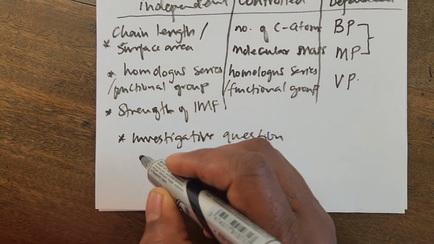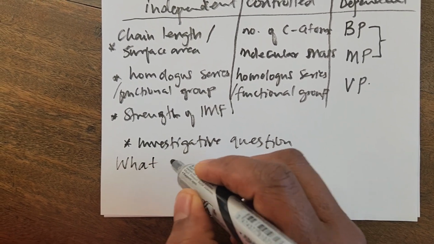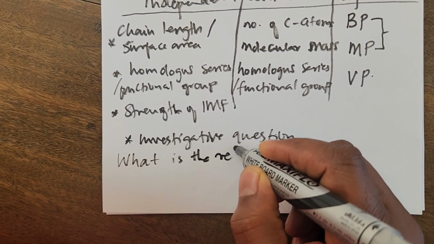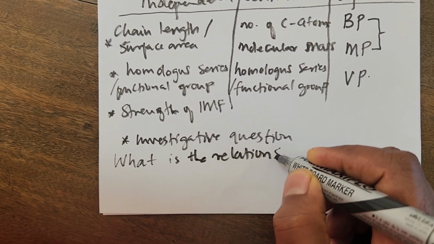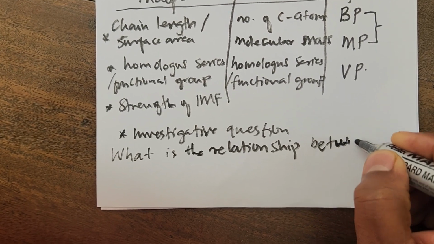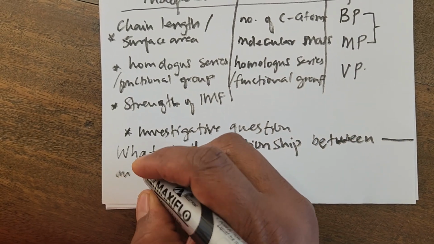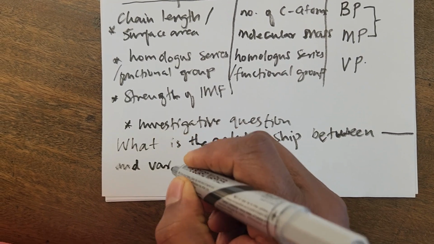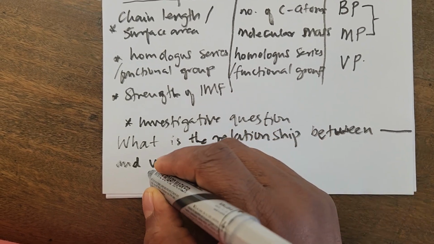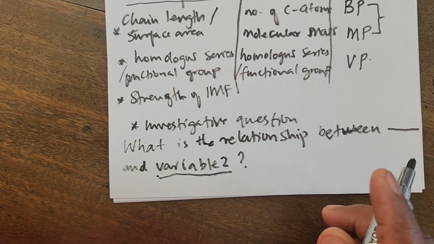Here we can create a frame, so learners, to avoid confusion, just use this frame: What is the relationship between, and you mention the two variables, variable number 1 and the second variable, then you put a question mark at the end.